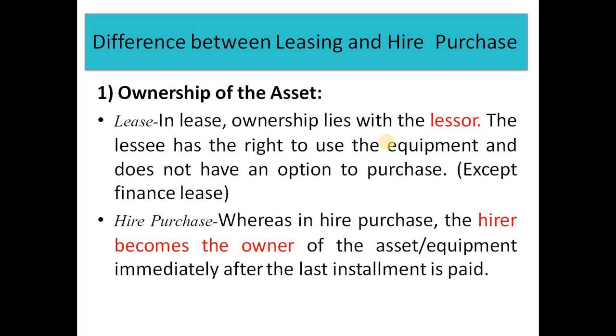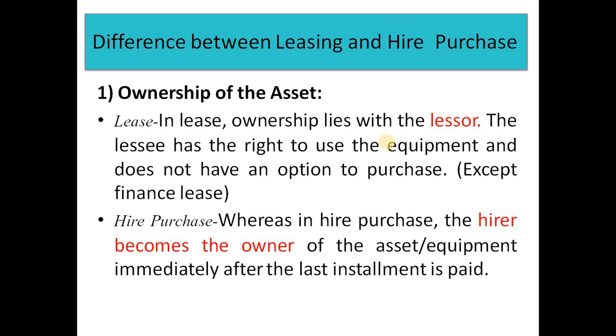So ownership lies with the lessor in case of operating lease. The option is not given to the lessee to buy the asset, and in case of finance lease, the ownership will transfer at the end of the agreement. The option is given to the lessee to buy the asset in case of finance lease. I hope the point is clear.